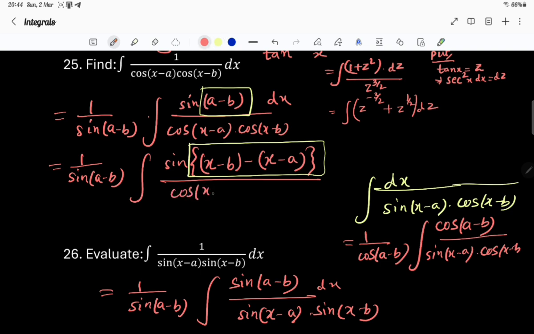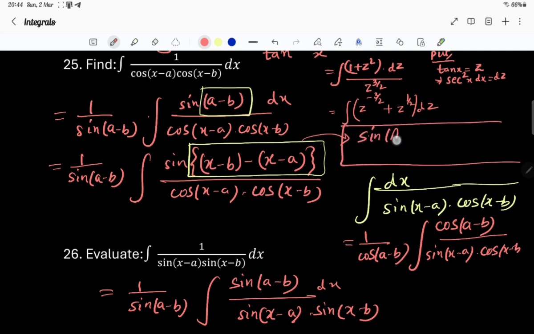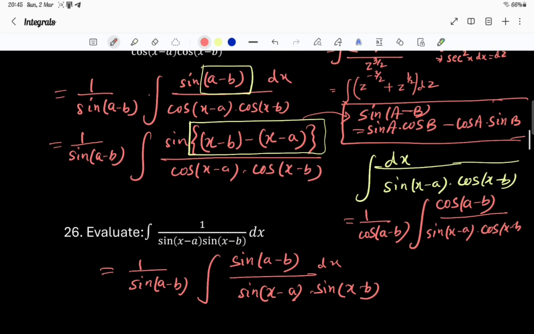And in the denominator, sin x minus a into cos x minus b. Now what will we do? The sin a minus b formula, class 11: sin a cos b minus cos a sin b. This formula we will apply. So here capital A is the x minus b angle and capital B is the x minus a angle. You will apply the formula, solve this, and you will get the solution.